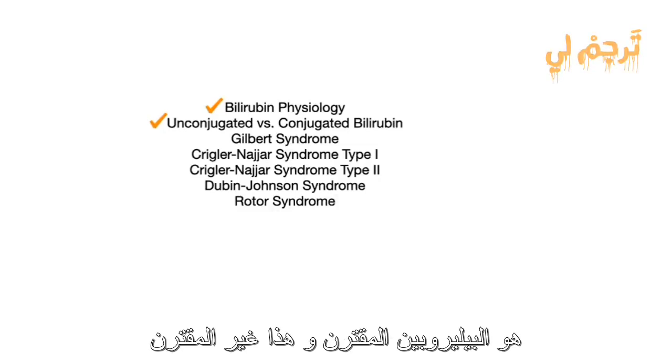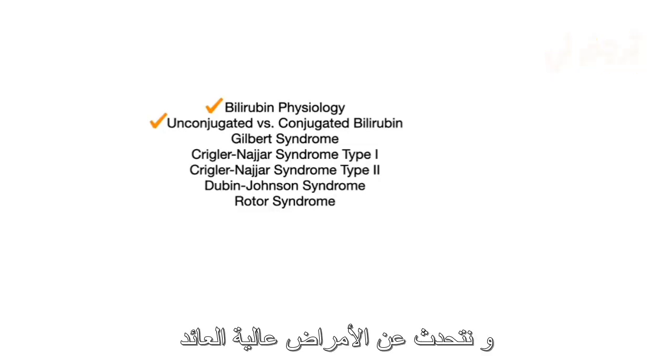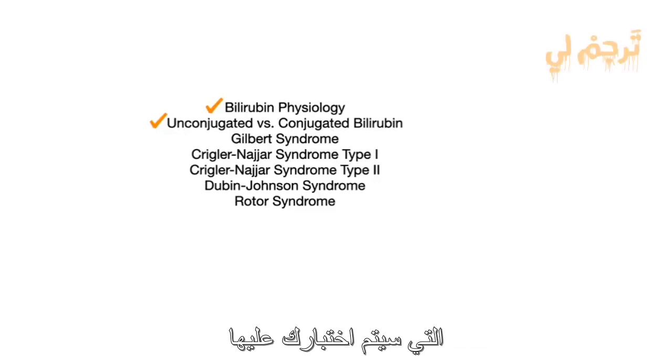Now let's transition and talk about the high-yield diseases that you'll get tested on test day. This whole group of diseases is referred to as congenital hyperbilirubinemia, which basically means that from the time you're born, there's something wrong in the physiology that we just talked about that causes you to have too much bilirubin in your system.